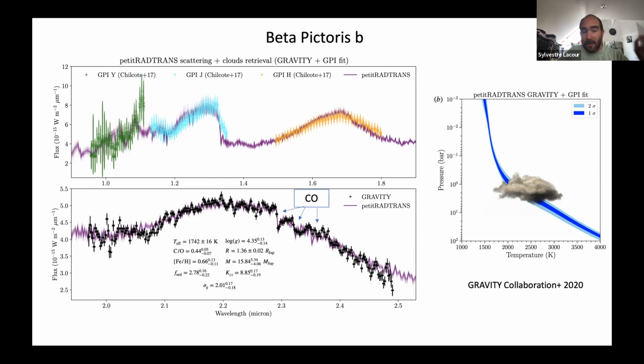And from that, you can also probe molecules that could be done at lower spectral resolution, as was done by GPI, for example, or SPHERE. And by looking at this molecular absorption, you can start to estimate the atomic ratio inside the atmosphere.